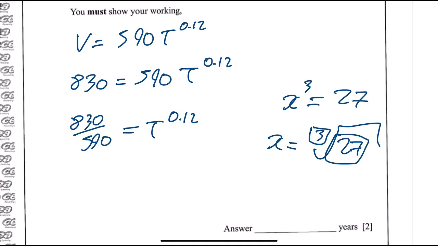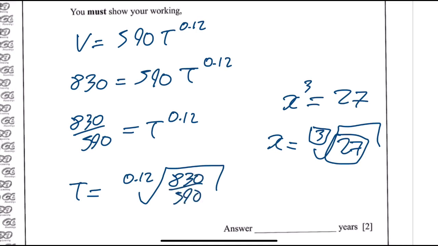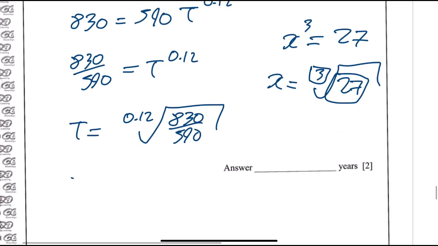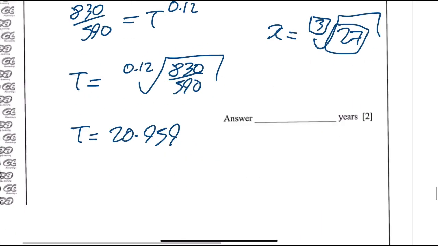So here, what you can just do is say that t is equal to the, and it sounds weird, the 0.12 root of 830 over 590. We've got these amazing calculators nowadays that can do all these things. Let's use them. So that's going to be 20.959. It tells you in this question, correct to one decimal place.